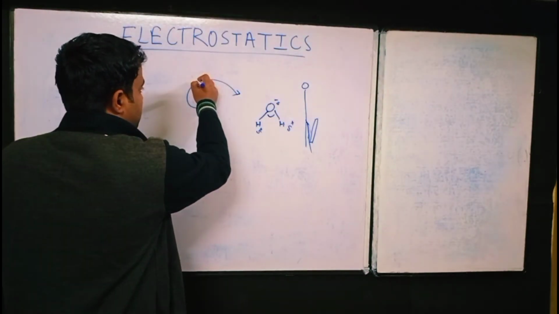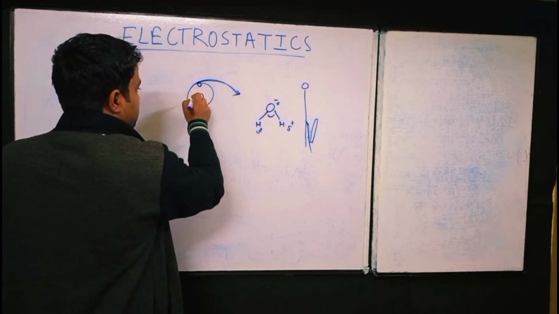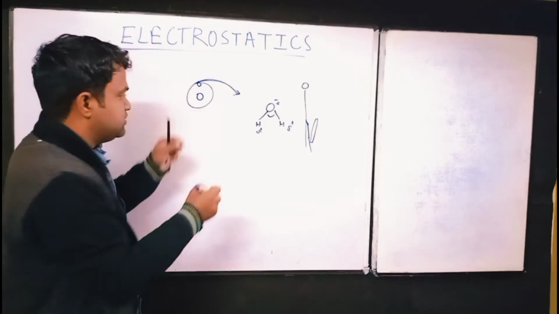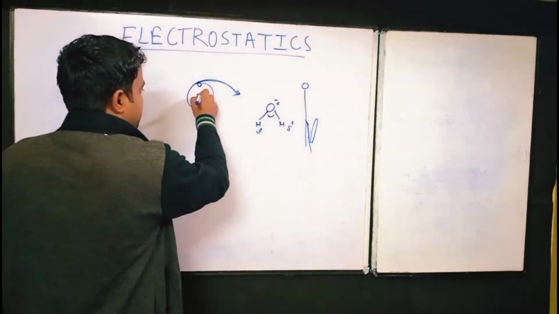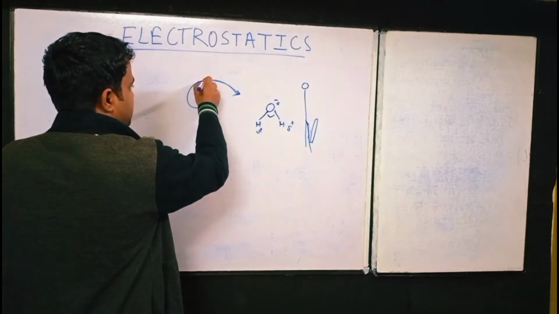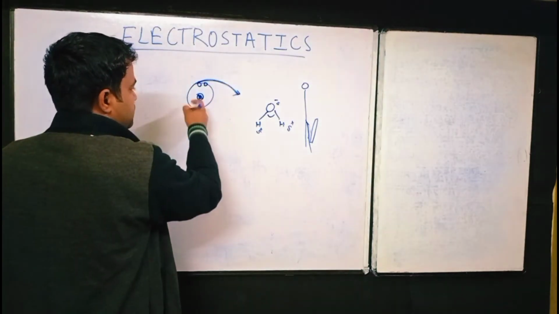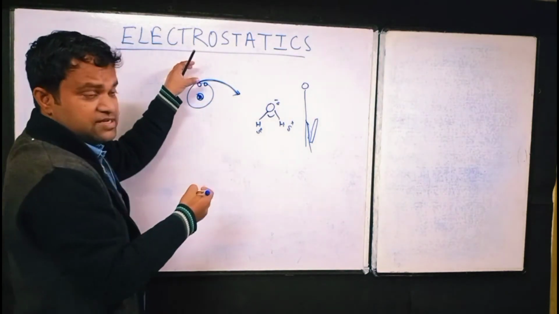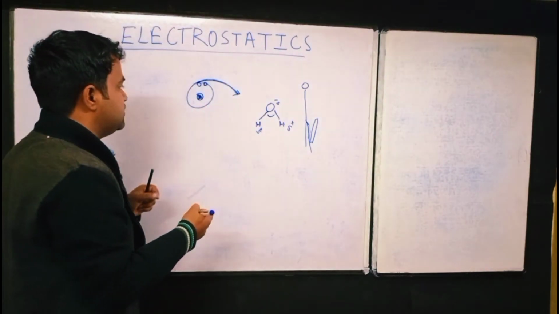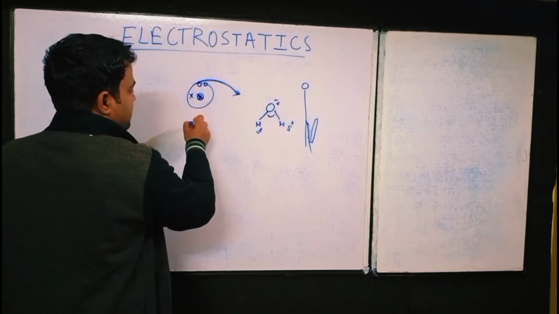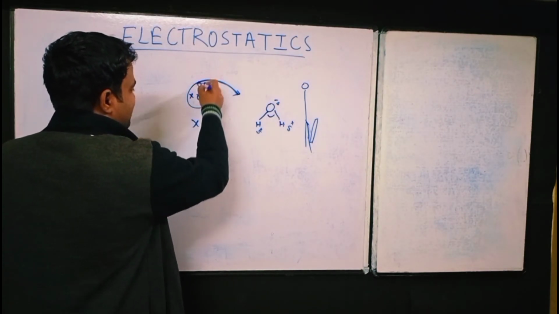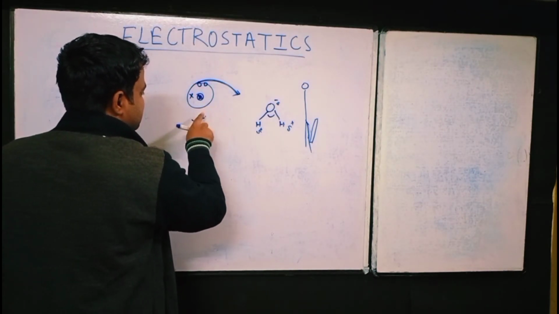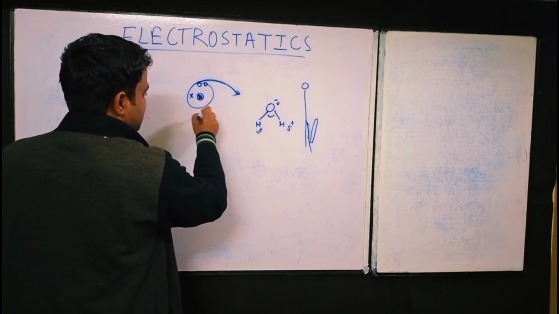If an electron is removed, then, because there is the same number of protons and electrons, suppose two protons and two electrons are there. If electrons are removed, then there is a lower number of electrons now. So now this atom X will become positively charged.